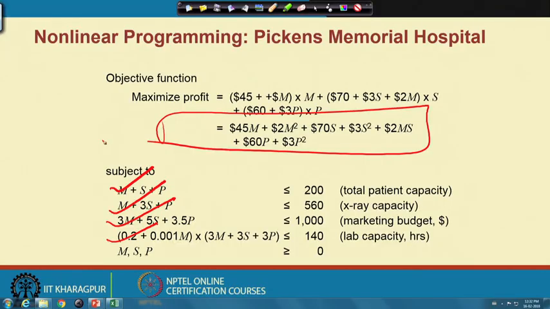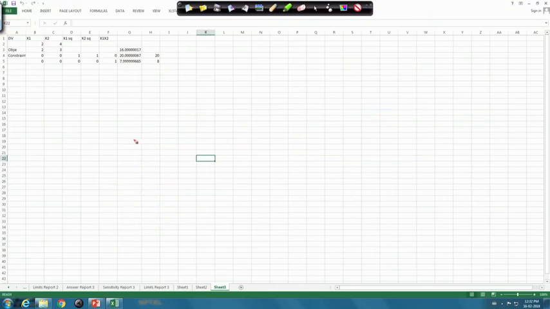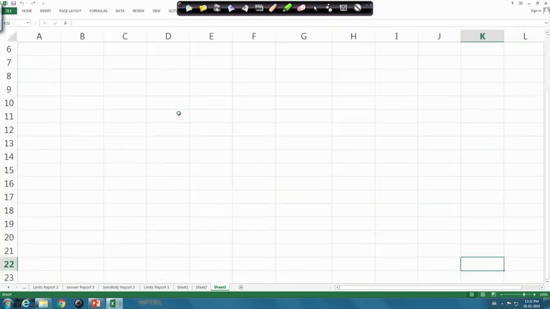For instance, let me take you to the Solver case, where you can understand the particular situation. This is linear programming structure, and here we have what we can call nonlinear structures.